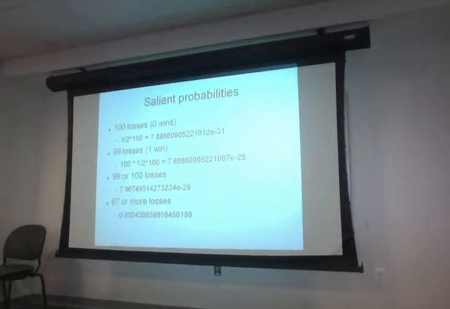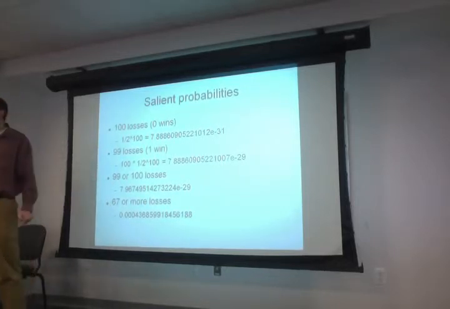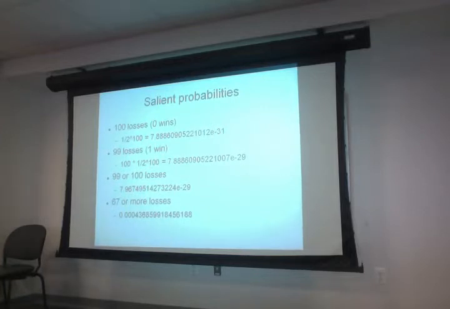So the probability of 67 or more losses is the same thing as the probability of losing money on this exercise. And that is an interesting probability to know: if I take you up on this offer, what is the chance that I will lose some money? As it happens, it's not astronomically small, but it is pretty small.